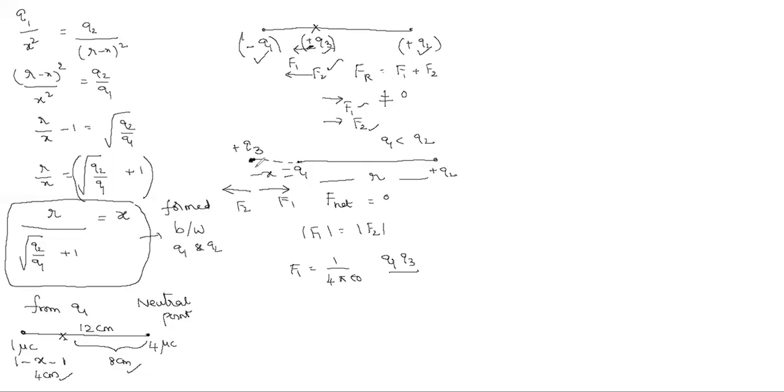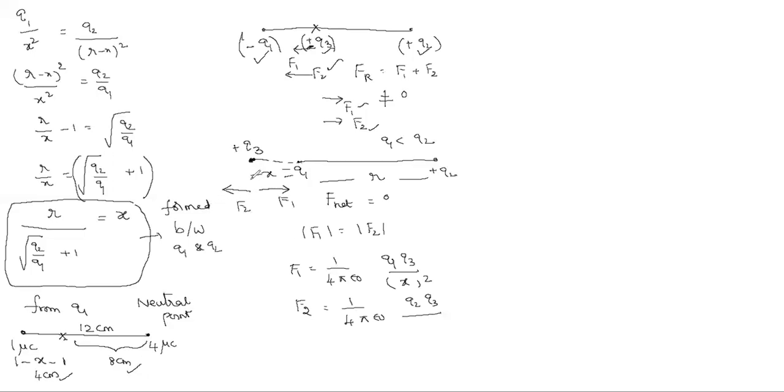The separation between the two is x. Now F2 is equal to 1 by 4 pi epsilon naught q2 q3 over r minus x whole square.